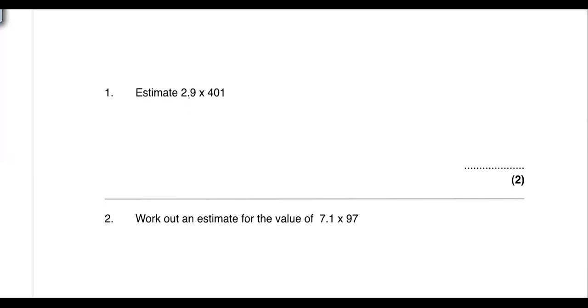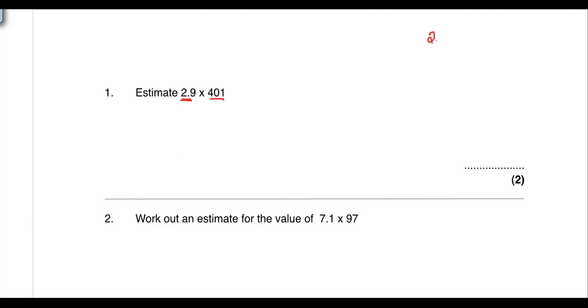For example, if we have to estimate this one, I will round each term to one significant figure. One or two students sent me the work directly: first they solve and then estimate. No, it's not like that. What you have to do first is round this to one significant figure, and round this to one significant figure.